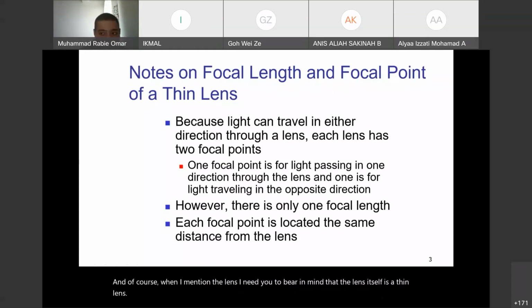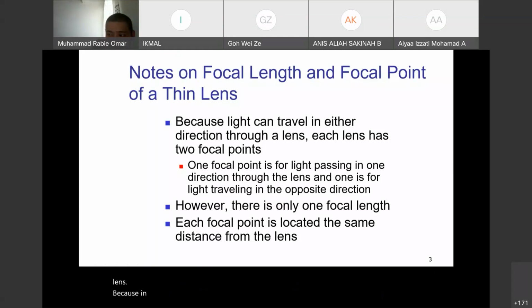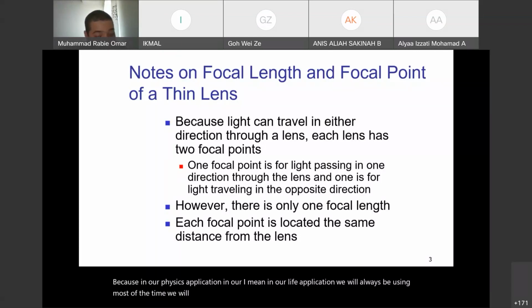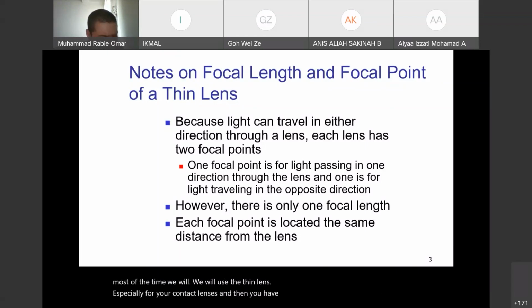Because in our physics applications, in our life applications, most of the time we will be using the thin lens, okay? Especially for your contact lenses, and then you have your glasses, your spectacles, and then we also have our projector.